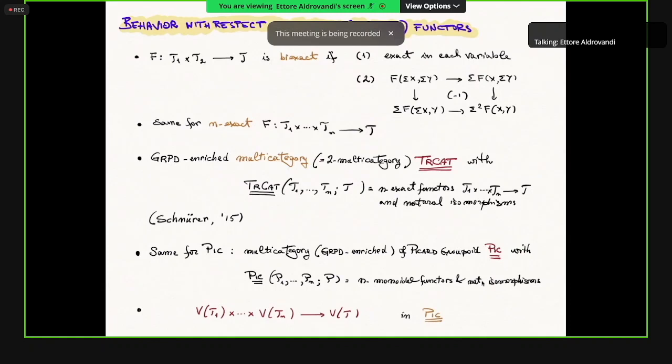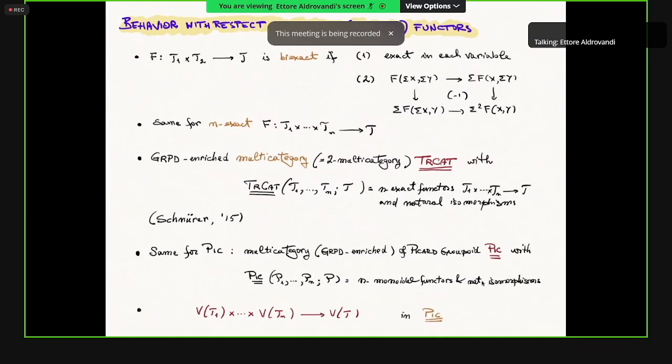It turns out that you can do something similar for Picard groupoids. There is a parallel notion of being n-monoidal in each variable, with compatibility conditions, for Picard groupoids.